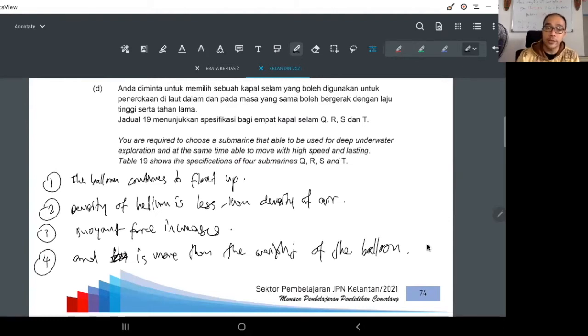The buoyant force increases, it becomes more than the weight of the balloon. That's the most important thing. When the weight of the balloon is less than the buoyant force, it's going to go up. That's the 4 points that you need.